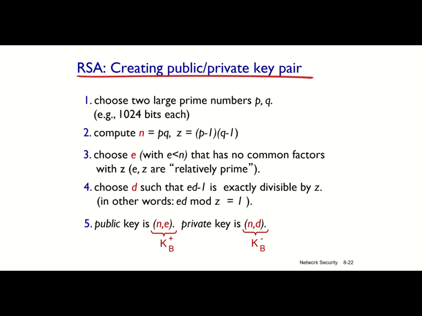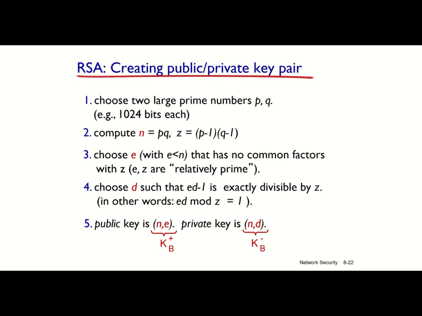In order to find out how to create the public key and private key, we first need to choose two large prime numbers, p and q. By large prime number, I mean each one has to be 1024 bits long if you write their binary representation. Then n, which plays a big role in creating the public and private key, is equal to p times q, the product of these two prime numbers.